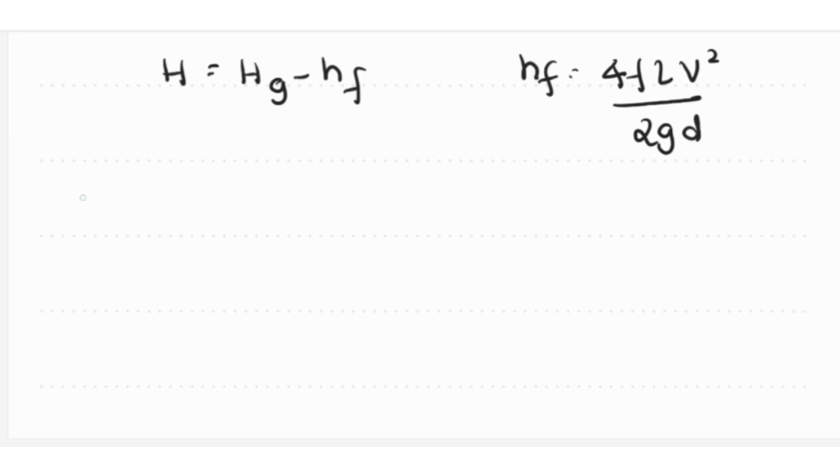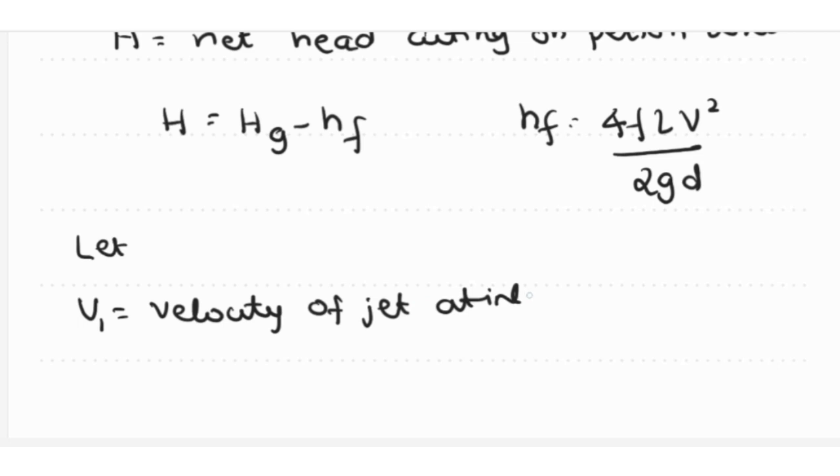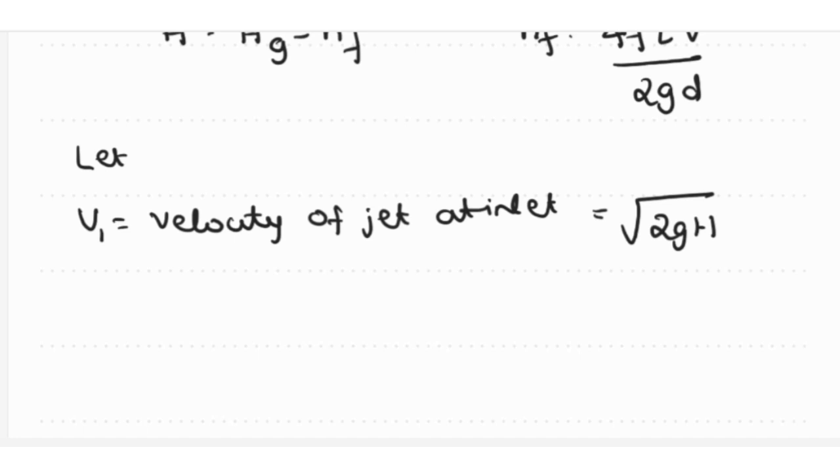Let V1 be the velocity of jet at inlet. That can be calculated using the formula root 2gH. Let the inlet plate velocity and outlet plate velocity, which is nothing but the velocity of the wheel, be the same.